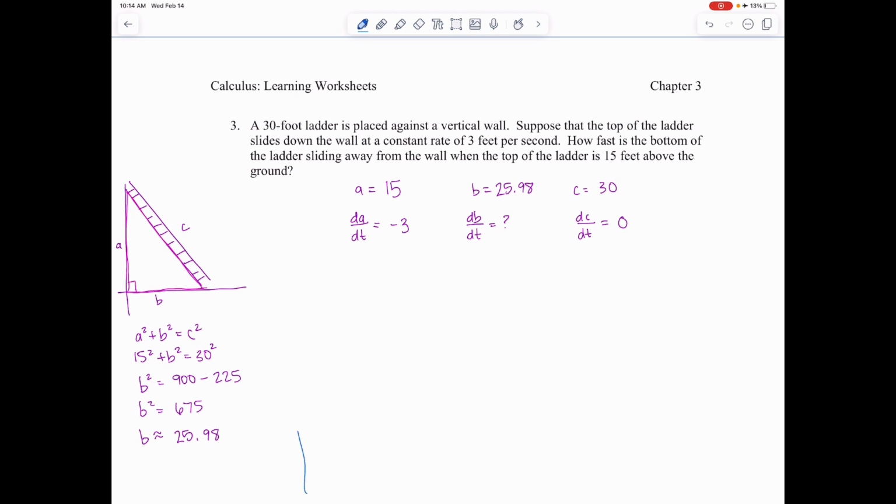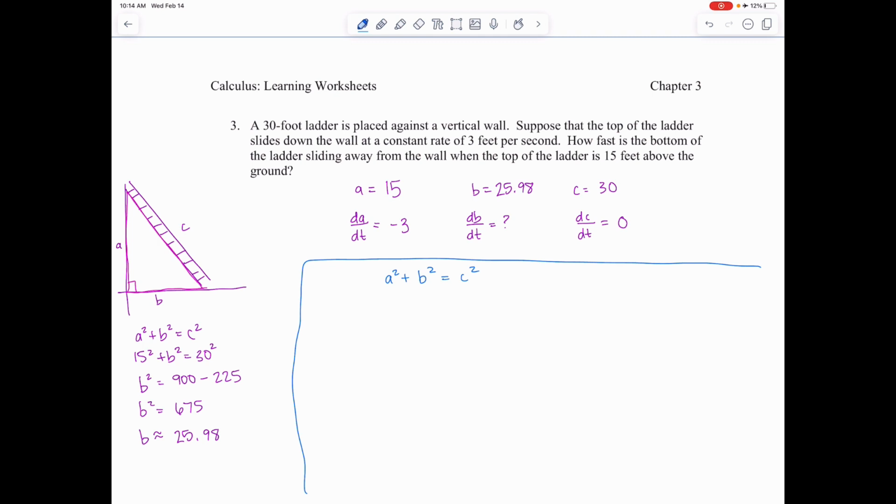And now, let's solve for dB dt. So I'm going to continue using my Pythagorean theorem for the same reason we used it in the last example. I want to have A, B, and C, and I want to have dA dt, dB dt, and dC dt. Most importantly, we want a formula that's going to give us dB dt, since that's the one we're looking for.